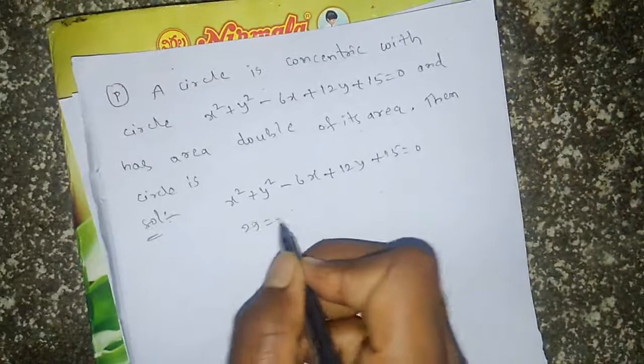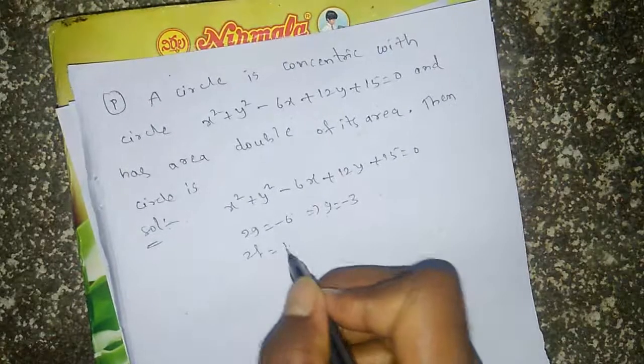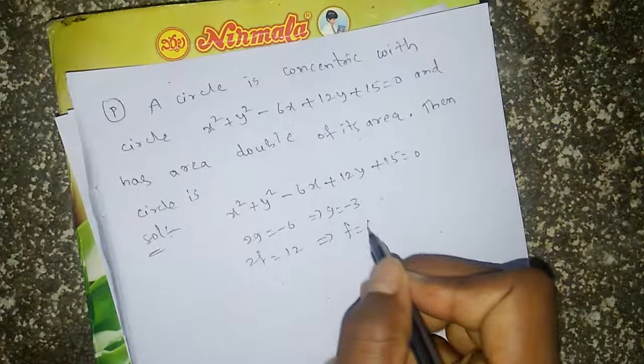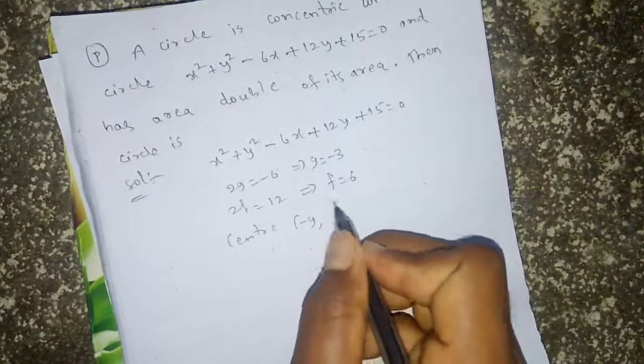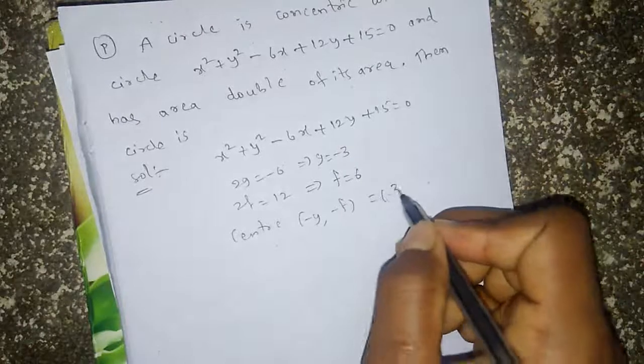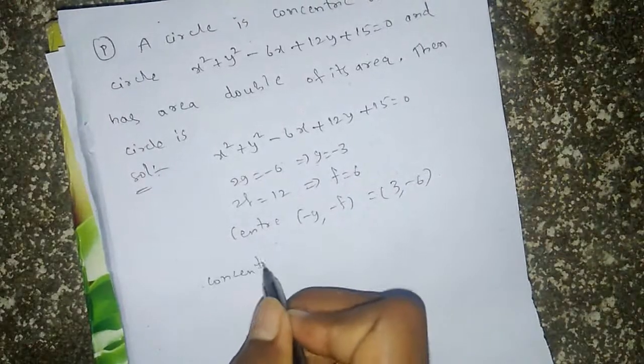Here 2g is equal to minus 6 implies g is equal to minus 3. 2f is equal to 12 implies f is equal to 6 implies center minus g, minus f, that is 3 comma minus 6. Concentric means having same center.